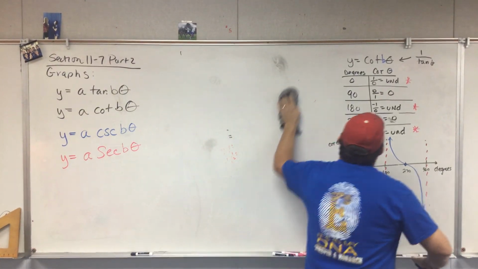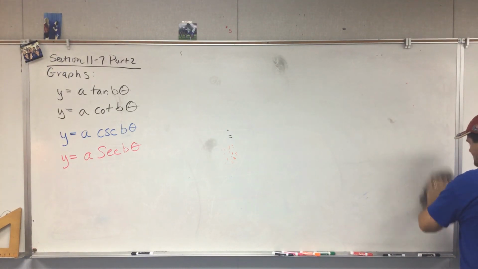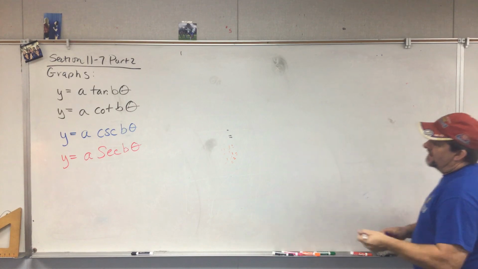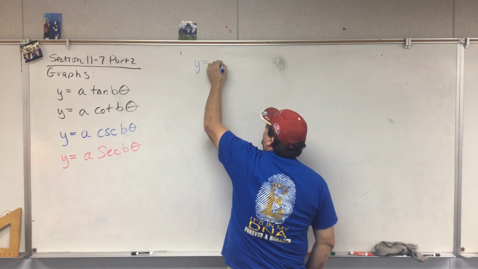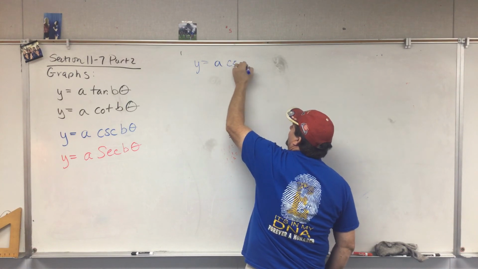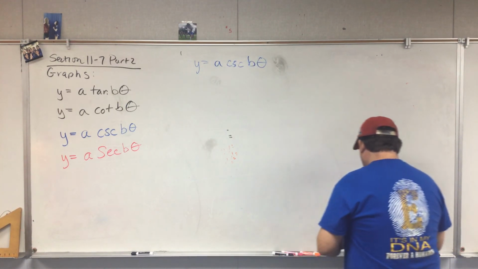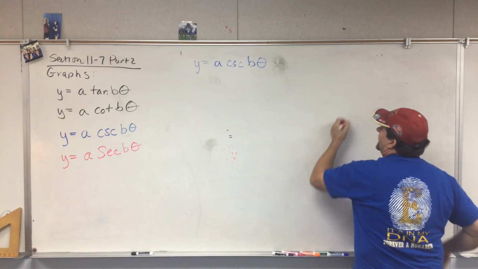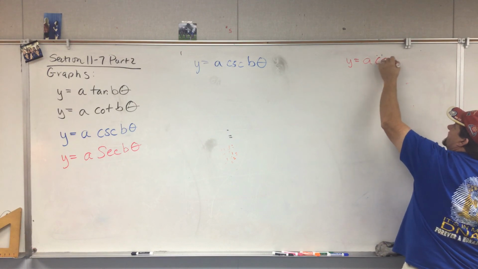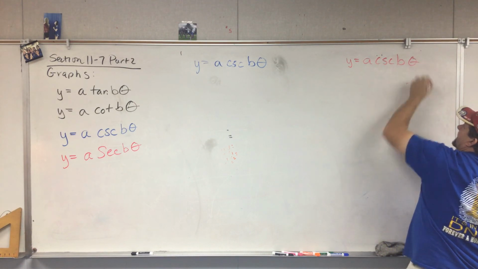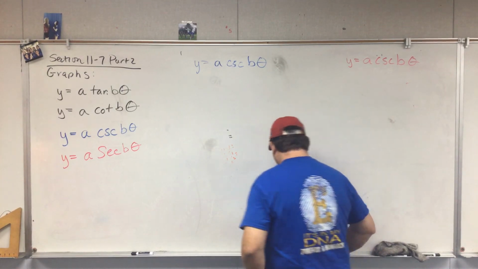And I'm going to write my next one here. So y equals a cosecant b theta. All right, so here we go.